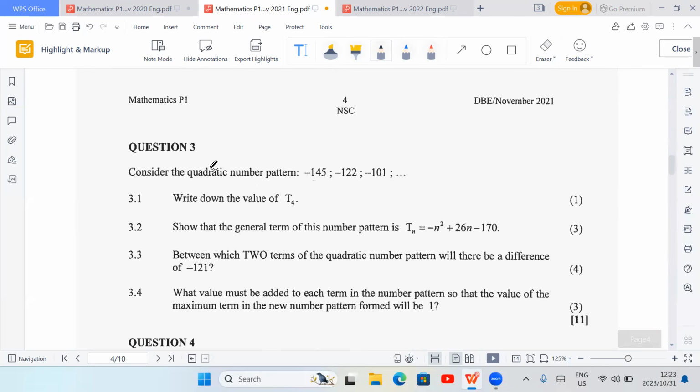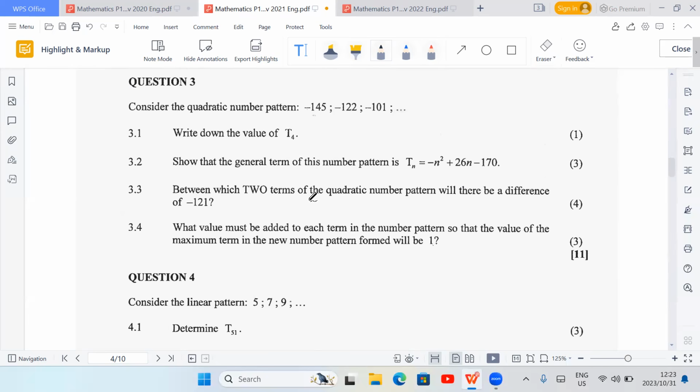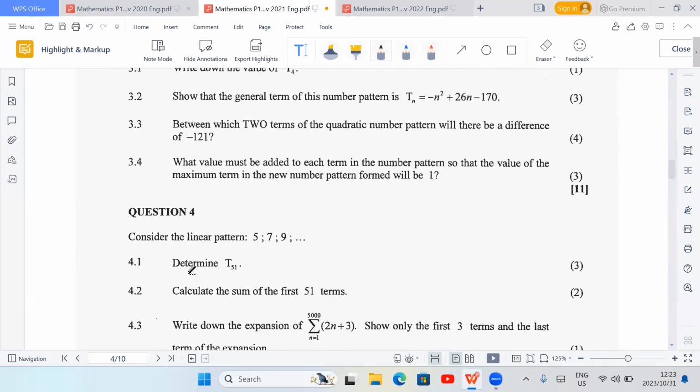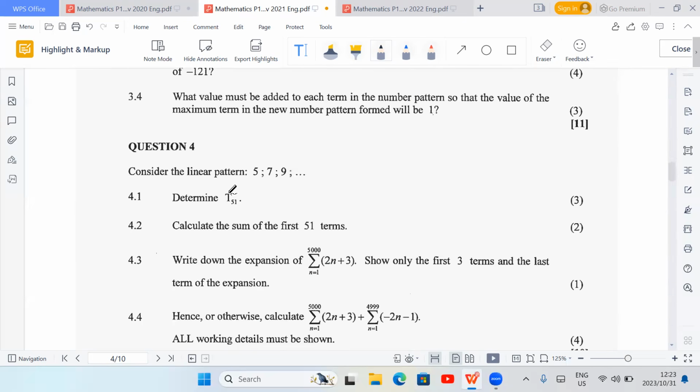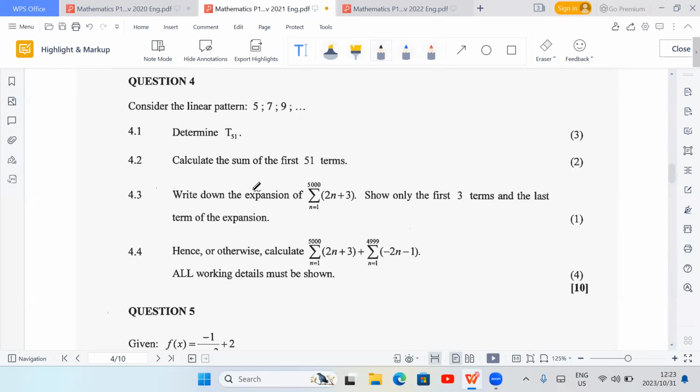That means in question 3, now they will give you your arithmetic sequence, which again will come with your quadratic number pattern. So remember, quadratic number pattern. Here they decided to give you the quadratic number pattern alone, and then they gave you another question 4, which is now based on the linear pattern or the arithmetic pattern, right?